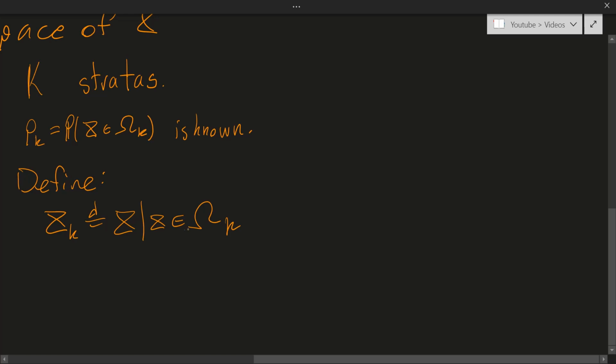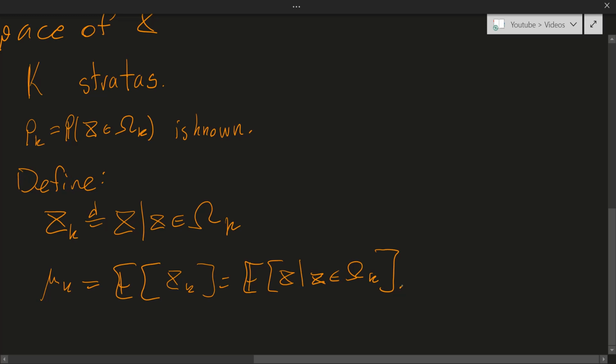And we assume that we can simulate this type of random variable, and we set mu_k equal to the mean of x_k, which will then be the conditional mean of x given x is in omega_k.